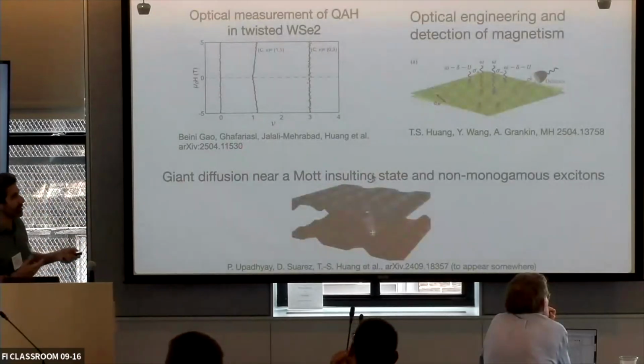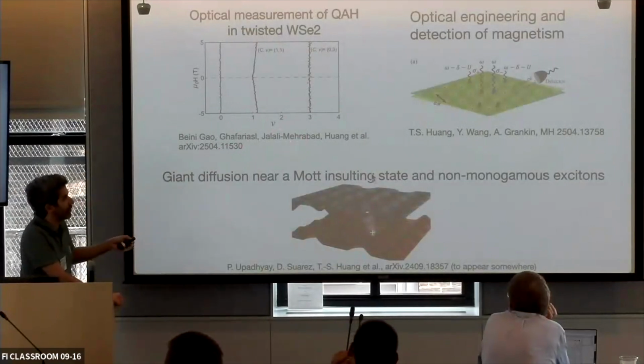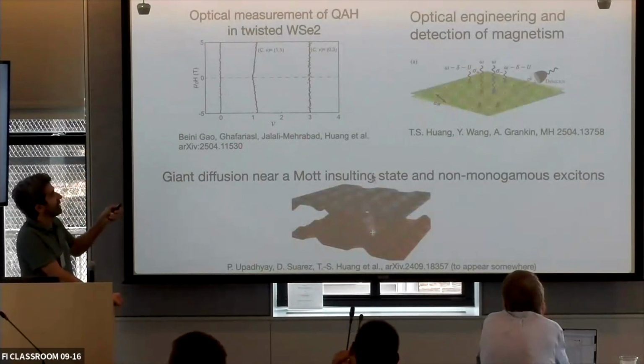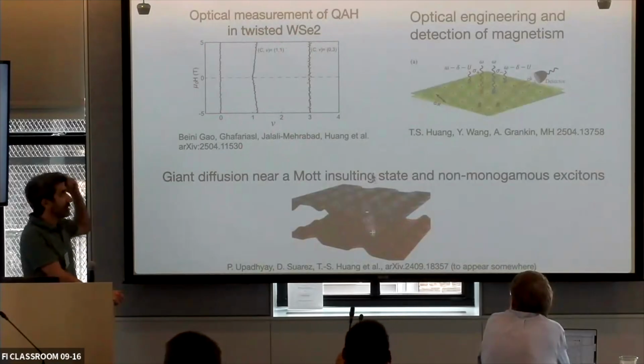So these are the three works that I won't have time for, but I will briefly tell you about. This is a work that measures magnetization in twisted bilayer tungsten selenide, to measure the quantum anomalous Hall states.